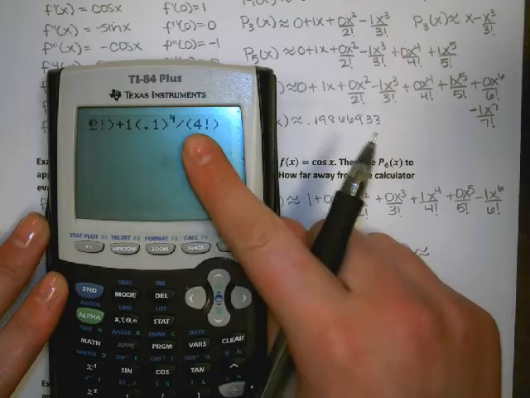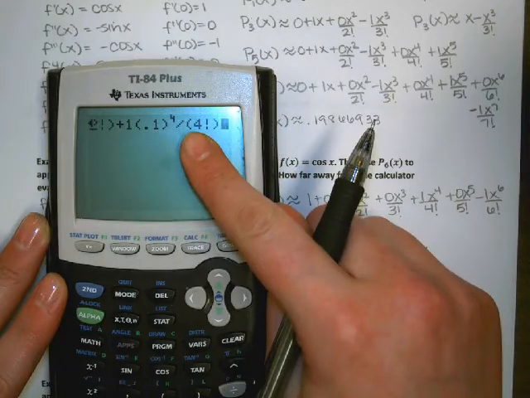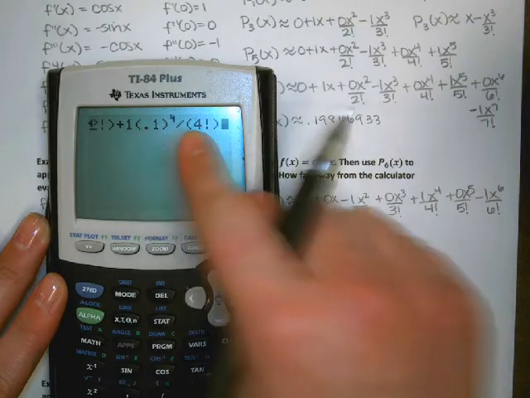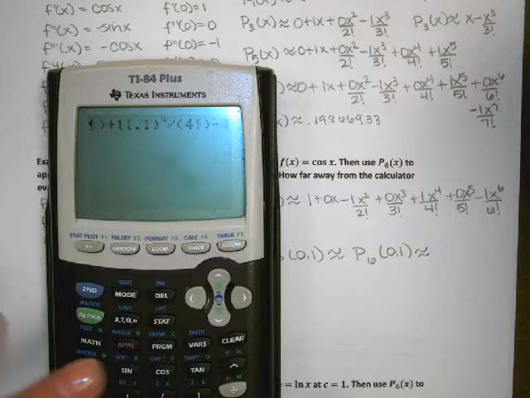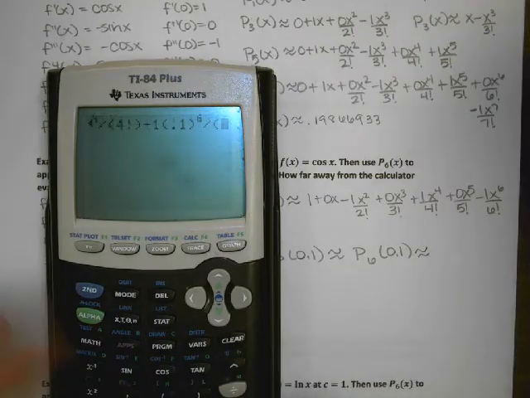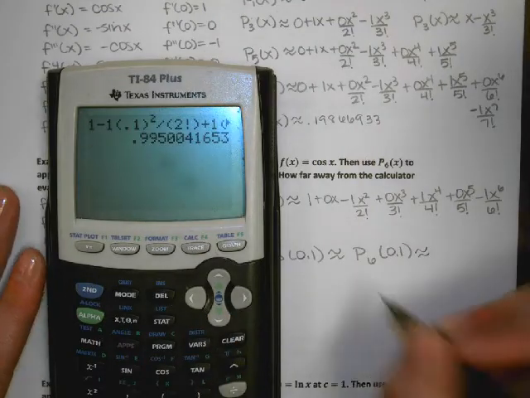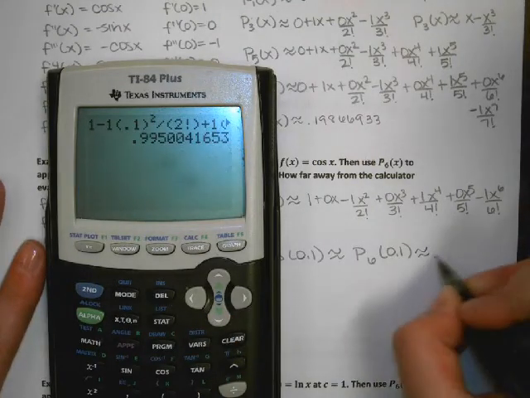The reason why I'm putting this in parentheses on the bottom is because I want the factorial to go to the 4 only, not the whole piece. And so that's why I'm typing it that way.